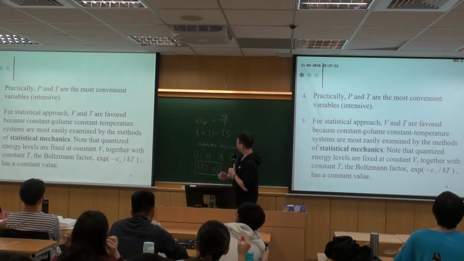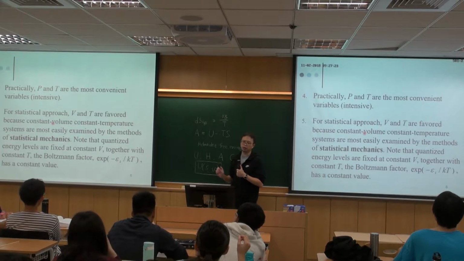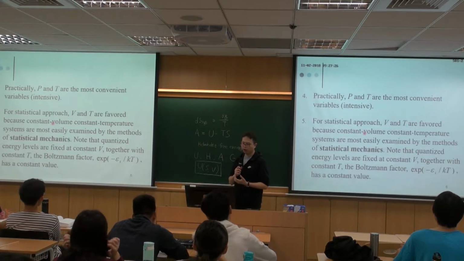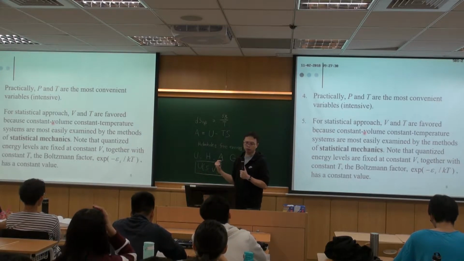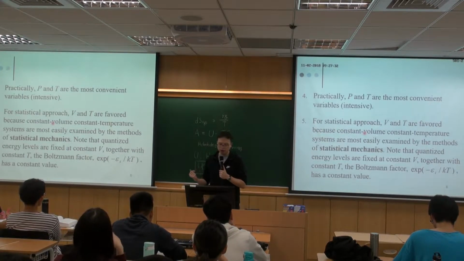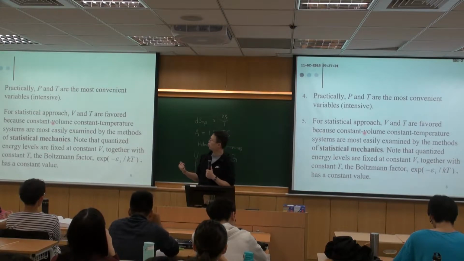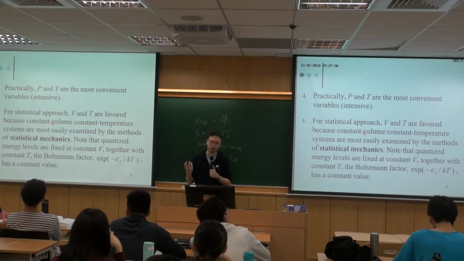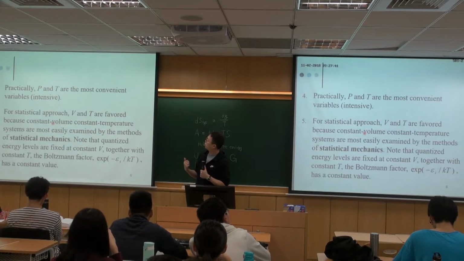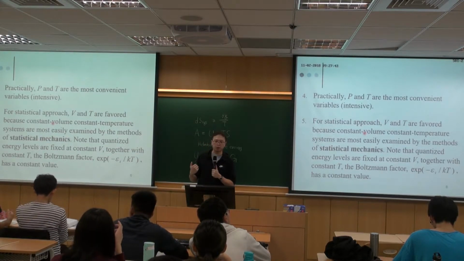So in reality, we want to change these things into, for instance, pressure and temperature. Therefore, we need some mathematical tricks to help us do that. And for the statistical approach, you will use different variables, for instance, volume and temperature.